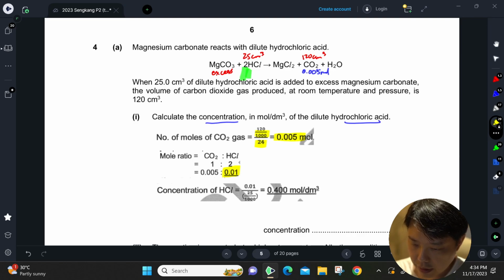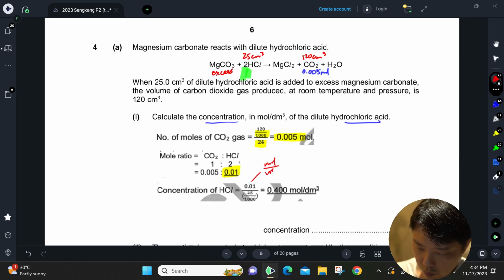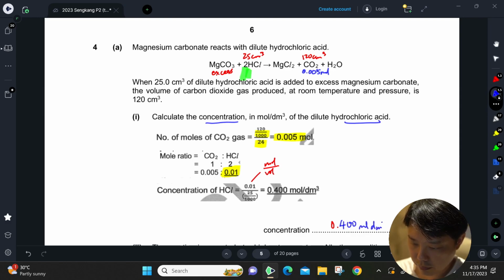Then we divide this number of moles by the volume, 25 over 1,000, moles over volume. You get 0.4 mole per dm cube. That is your concentration of your HCl. Write that properly: 0.400 mole per dm cube.